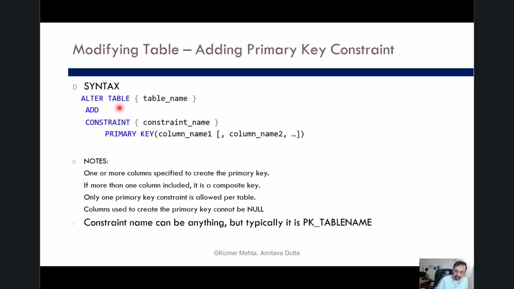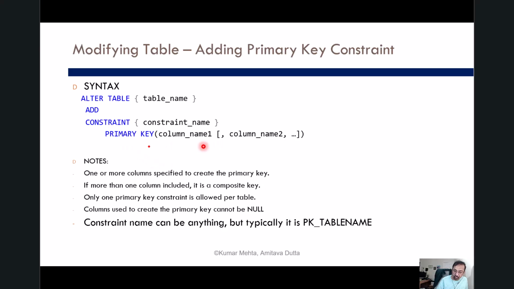We say alter table, give the name of the table, then we say add constraint, give a name for the constraint, and then we say the words primary key, and follow that with the names of the column or columns that constitute the primary key. One or more columns can be specified to create the primary key. If more than one column is specified, so if you have column name 1, column name 2, and so forth, then it's a composite primary key.